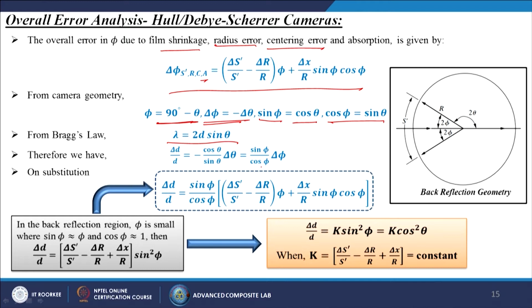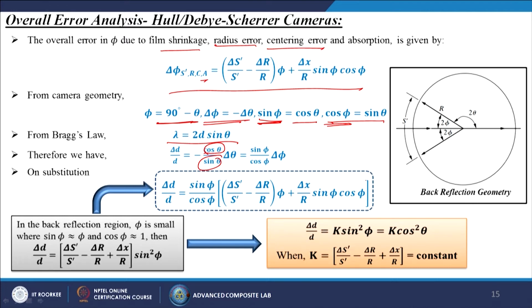That is equal to sin phi by cos phi del phi, because cos theta we are replacing by sin phi and sin theta we are replacing by cos phi, that is why sin phi by cos phi in del phi. On substitution, we get del d by d is equal to sin phi by cos phi into del s prime by s prime minus del r by r into phi plus del x by r sin phi cos phi.